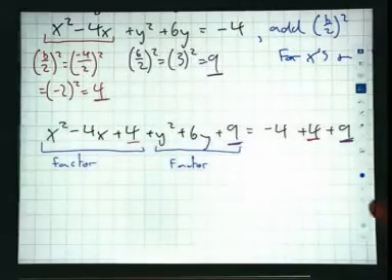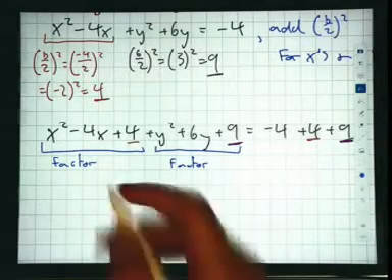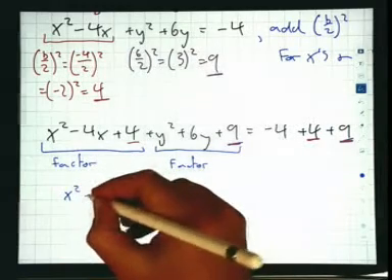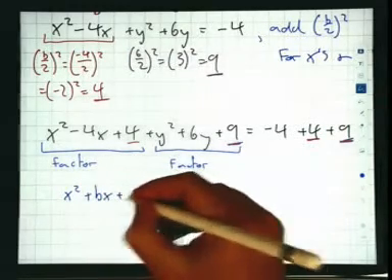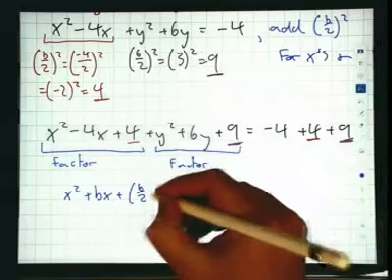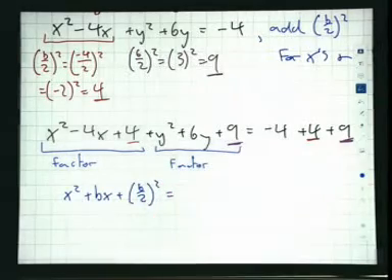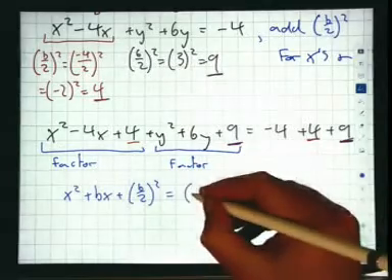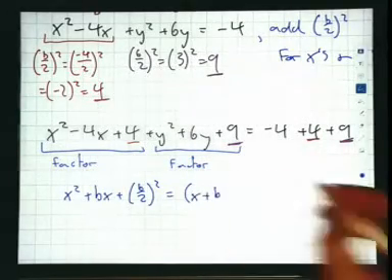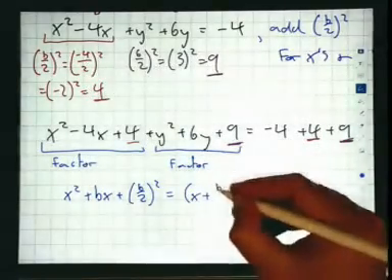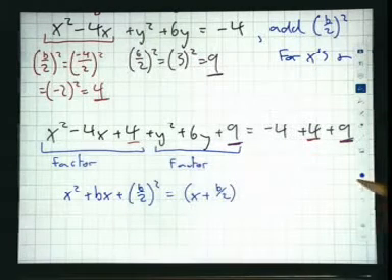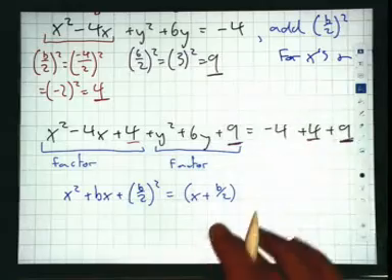Now, something to remember here is that what we have is x squared plus bx plus this quantity b over 2 quantity squared. And the factored form of this is always x plus the b over 2. So if you can memorize that, that makes this next step really easy.